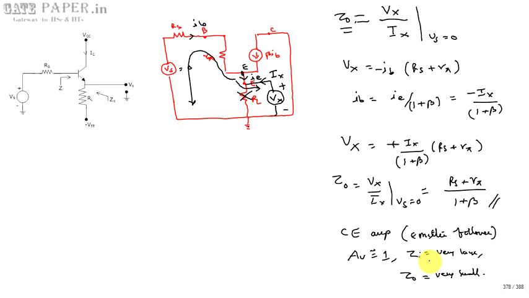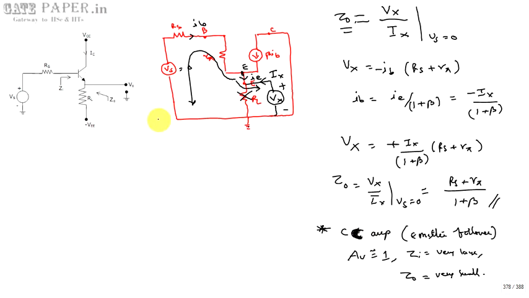You can also get these from this expression: Rs plus R pi divided by 1 plus beta. 1 plus beta is very large, so output impedance is very small, and input impedance is R pi plus 1 plus beta times RL, which is very large, and voltage gain is approximately equal to 1. Sorry, make this correction: it is the common collector amplifier or emitter follower.